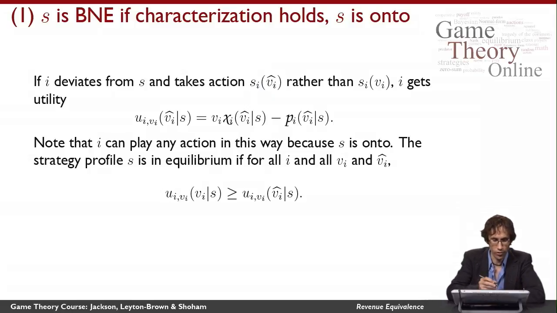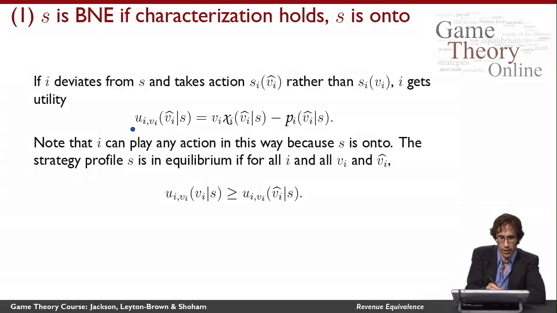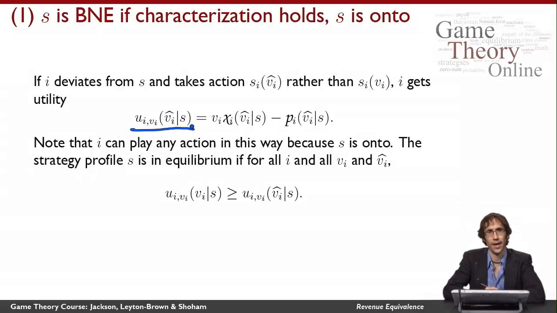Well, we can write an expression here. First of all, I'm going to introduce some notation. I'm going to use U sub I comma VI to mean the utility of an agent I whose real type is VI when he reports the type of V hat I, and when everyone, including him, then follows the strategy profile S. And what I mean by him following the strategy profile S is that he lies to himself.